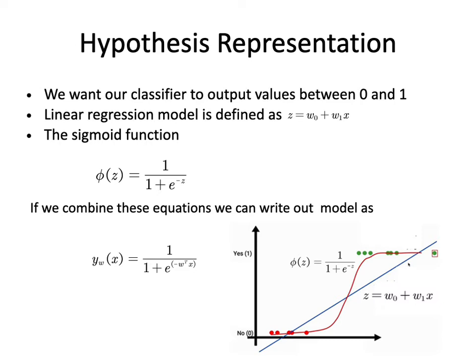and we want these values to be constrained between 0 and 1, and the sigmoid function does what we want. The sigmoid function is given by this phi of z. This is the equation of the sigmoid function for any variable z, which is nothing but 1 upon 1 plus the negative exponent of this variable z.